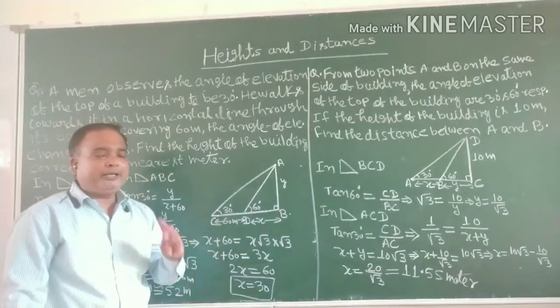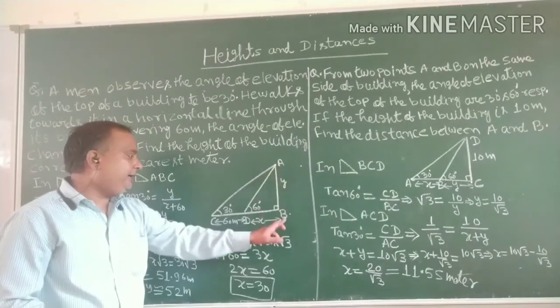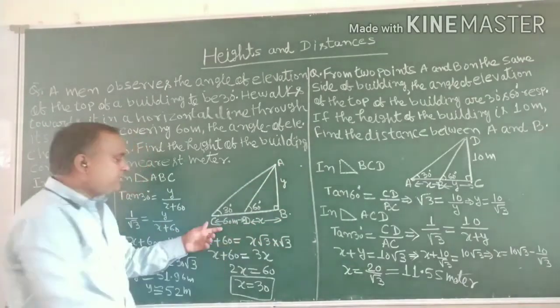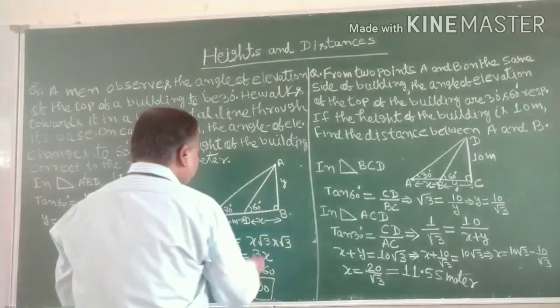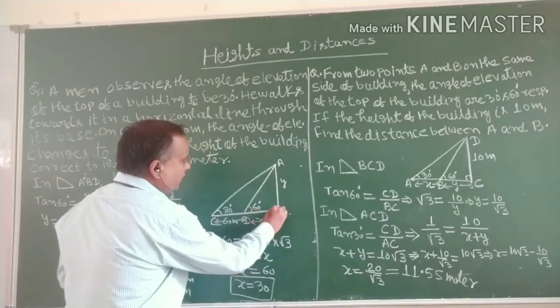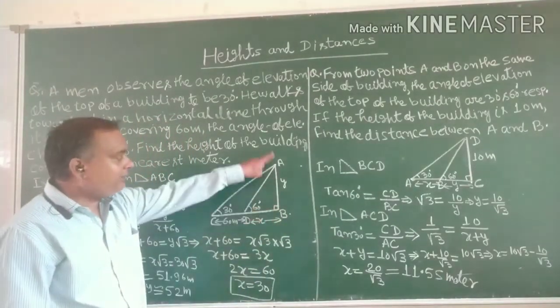There are two right angle triangles, ABD and ABC. Distance CD is given, that is 60 meter. We have to find the distance between the foot of the tower and the point D, that is X meter, and the height, that is Y meter.